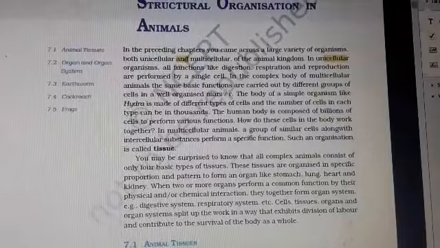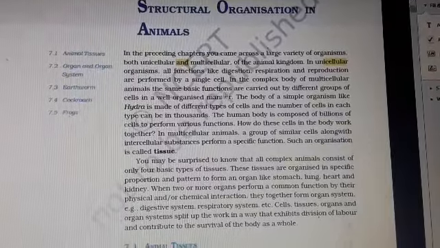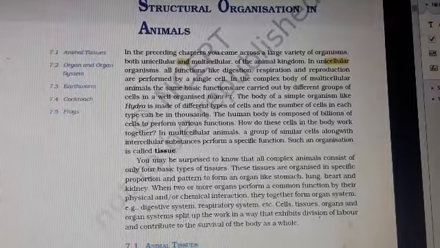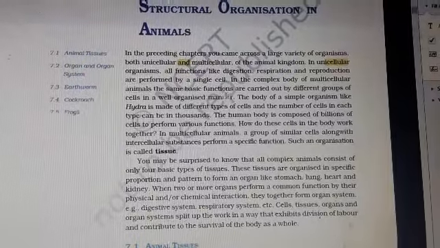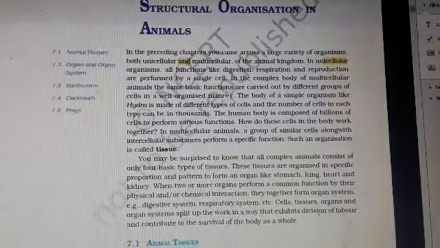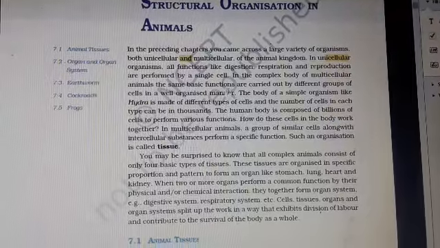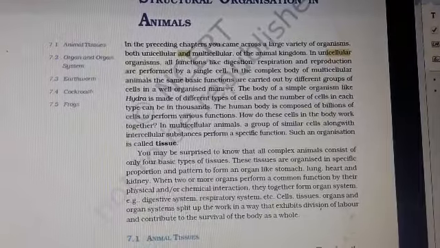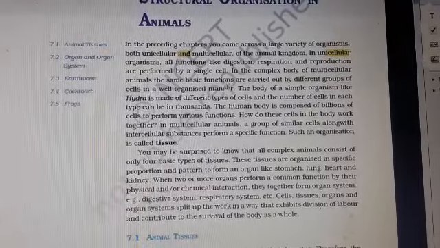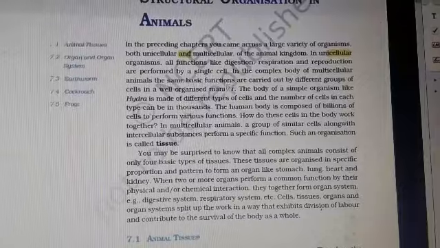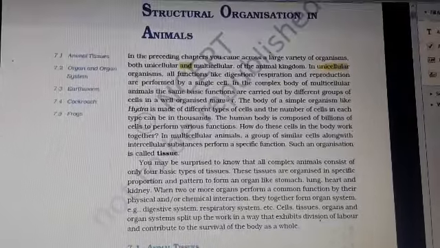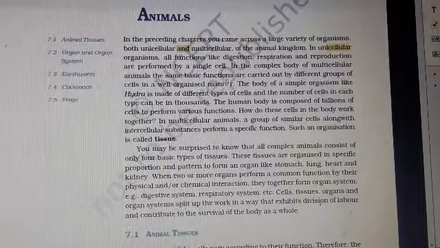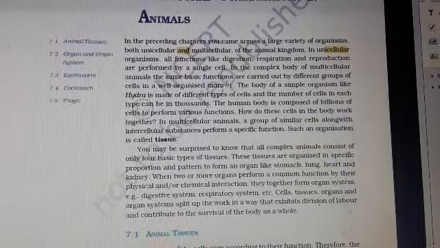If I talk about the digestive system, the stomach, intestine, alimentary canal and esophagus all combine to form the digestive system. Without one of the organs, the digestive system is not complete. We cannot imagine food being digested without the stomach or without the intestine. That's the importance of an organ system.